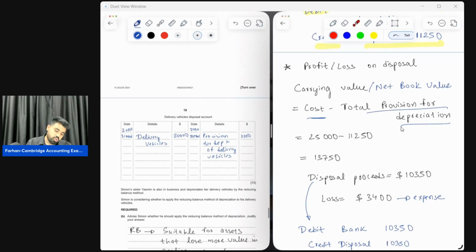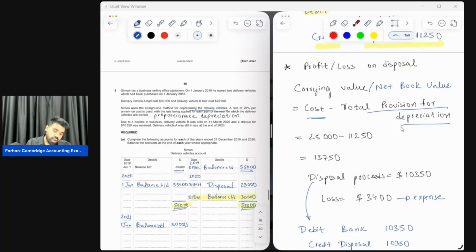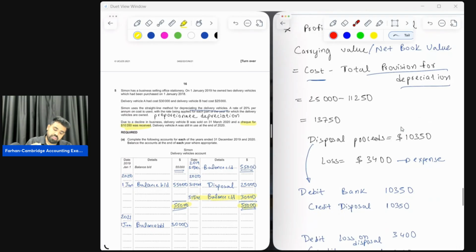And based on the question, so I'll just scroll back up a bit, you can see that in the last paragraph, it's mentioned that the cheque of $10,350 was received. So we understand the value that was remaining within this vehicle was 30,750, but we sold it for 10,350, which is what we formally refer to as disposal proceeds, right?